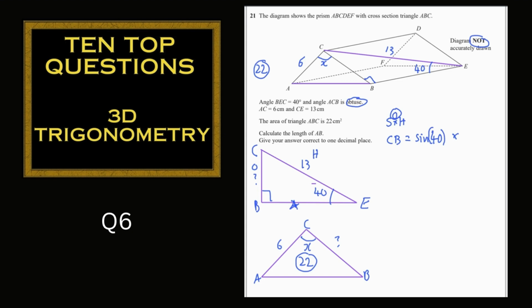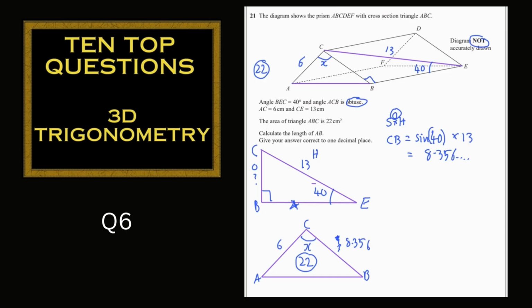Multiplied by 13 gives us 8.356-ish. It wants the answer to one decimal place, so I always say to people, you should work in 2 or 3. So I'm going to use 3. That question mark can disappear now. We know what it is.